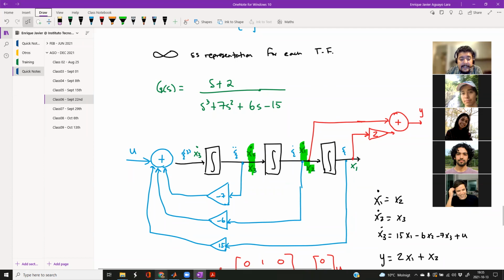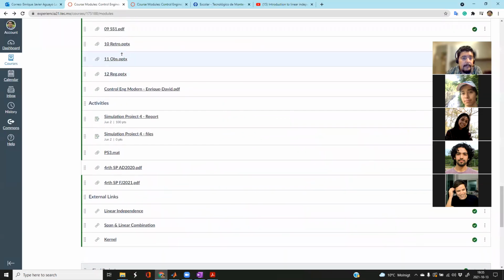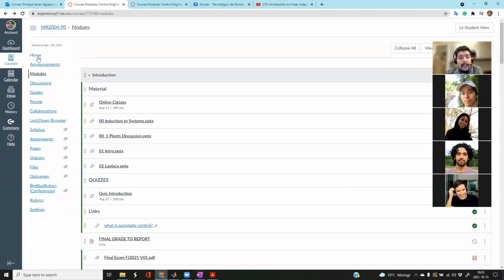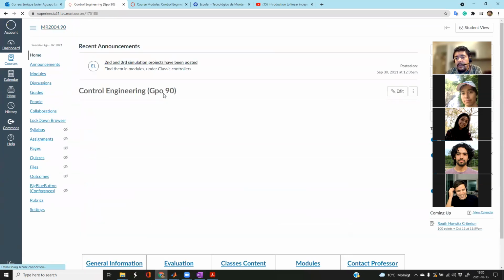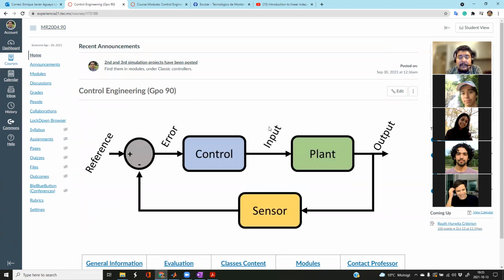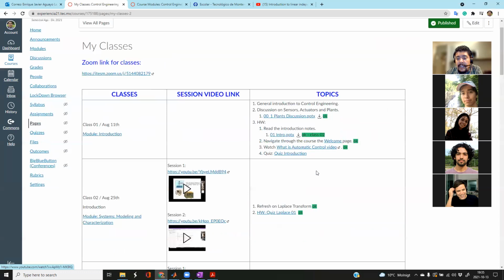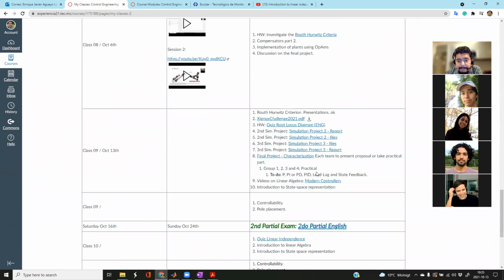So what we'll study next class is the controllability property and the pole location in closed loop, or the state space feedback that is also called, okay? So we're gonna talk about that next class.